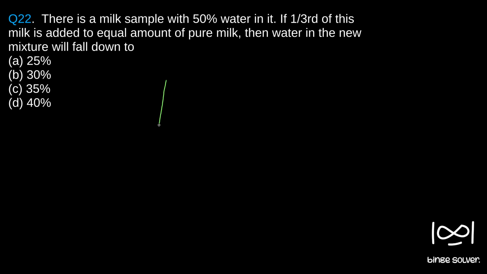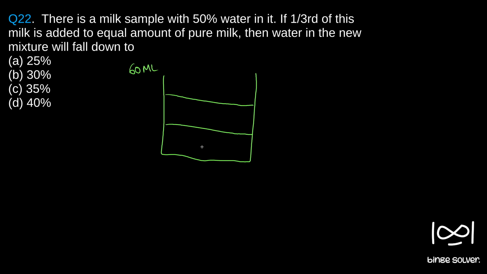So if you assume our milk sample has 60, so 60 means we have 30 ml and 30 ml. We'll just assume our initial sample was 60 ml. So 30 ml water and 30 ml milk.